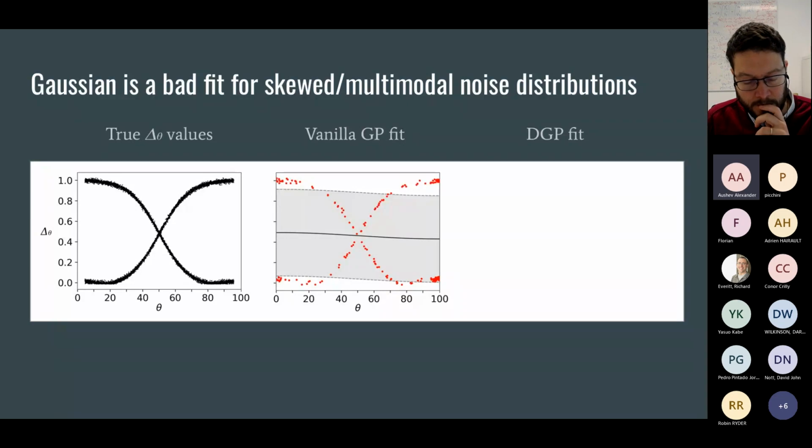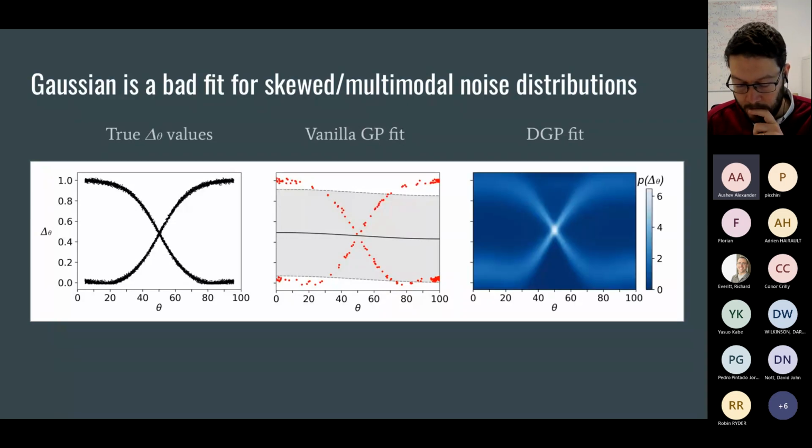So what we would like to have here is we would like to fit the discrepancy better, and we want to separate the modes.